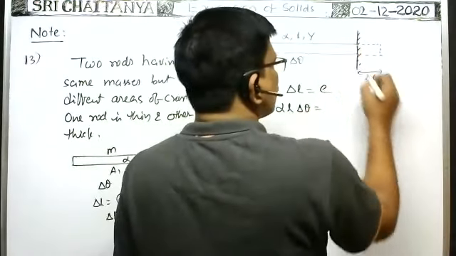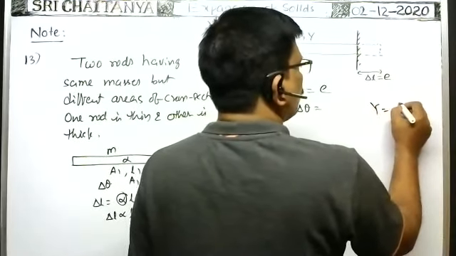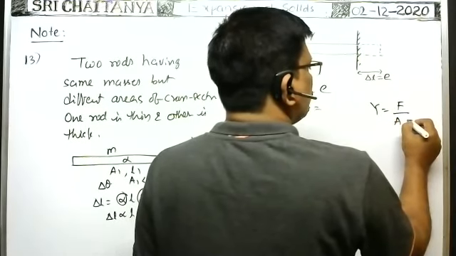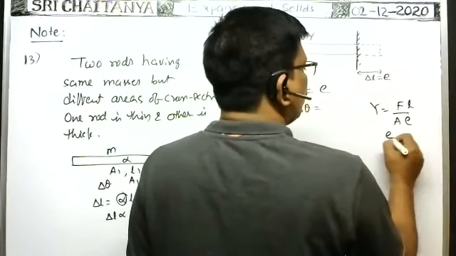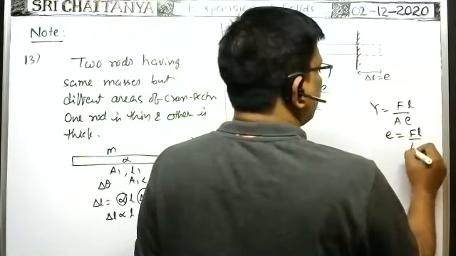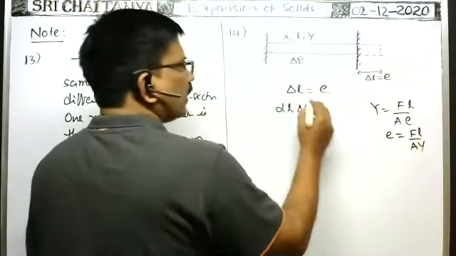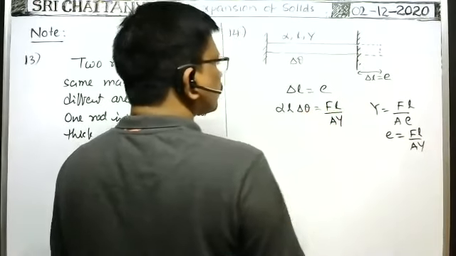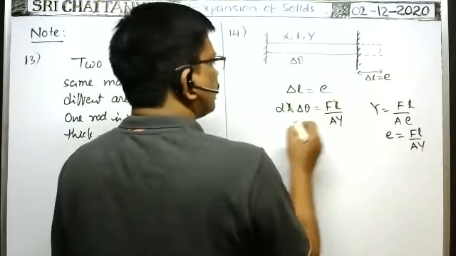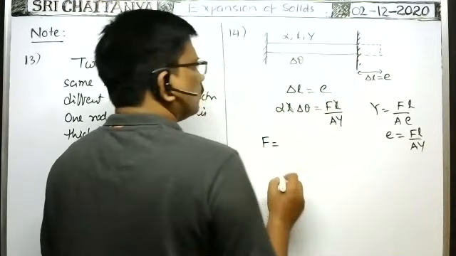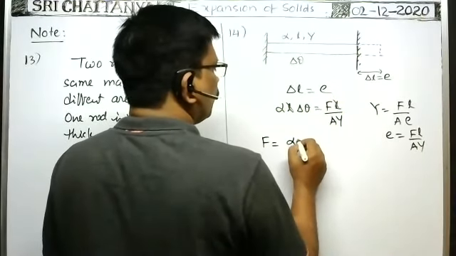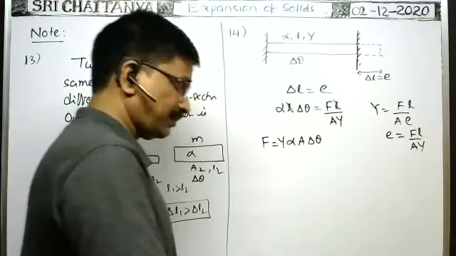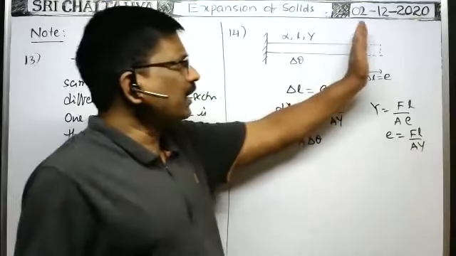Suppose the Young's modulus of the material of the rod is Y. Y is equal to F by the area of cross section A, into L by delta L. So delta L is equal to FL by A into Y. So elongation is equal to FL by AY. Of course, L cancels. Therefore, F is equal to Y alpha A into delta theta.